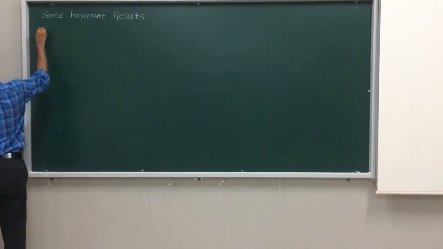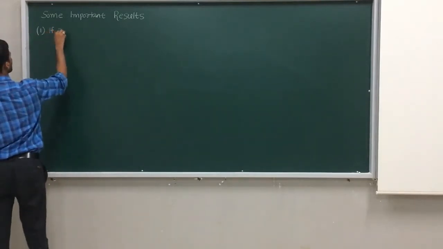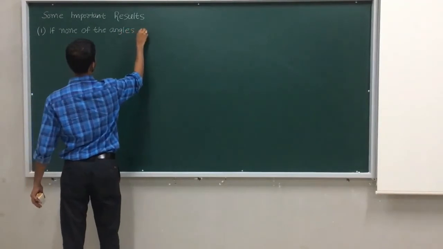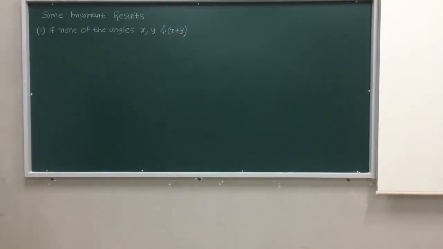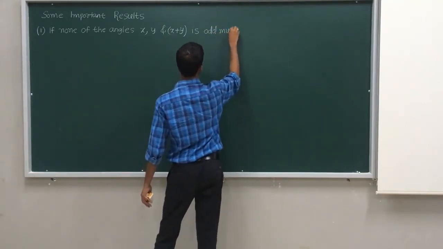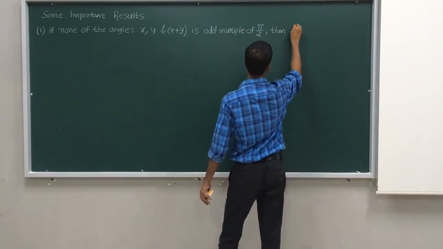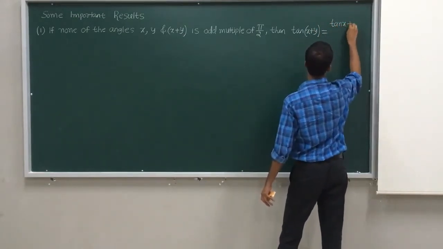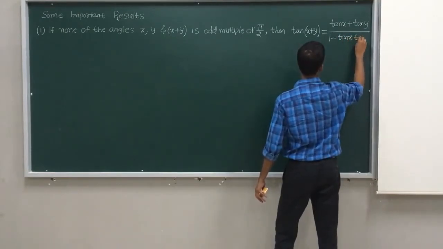The very first thing I want to take is, if none of the angles x, y and x plus y is an odd multiple of pi by 2, then tan of x plus y is equal to tan x plus tan y whole divided by 1 minus tan x into tan y.